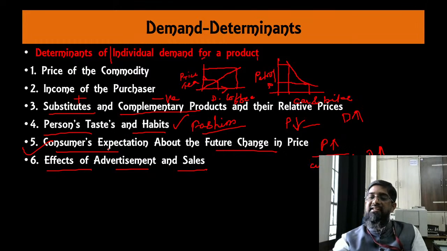Okay, and lastly advertisement is there, dear students. This is last point, then I'll stop, and in the next class we will discuss about market demand, किन factors पे, determinants पे depend करता है, that we will discuss.